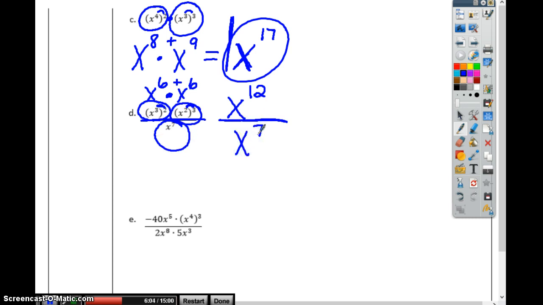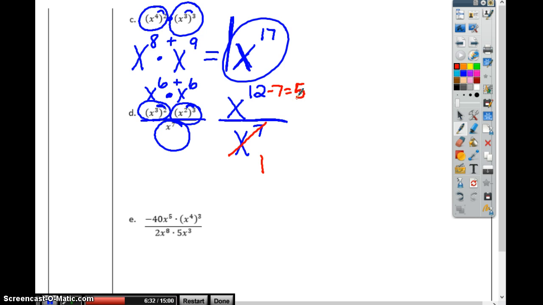Now we're not quite done. We can simplify now by dividing, like we learned yesterday. We have the numerator minus the denominator, 12 minus 7. Those all cancel out, leave me with a 1. 12 minus 7 equals 4, right? No, not 4. What does it equal? It equals 5, right?